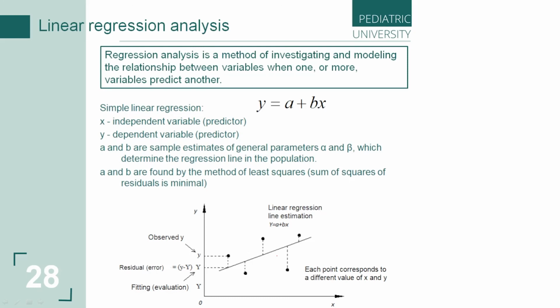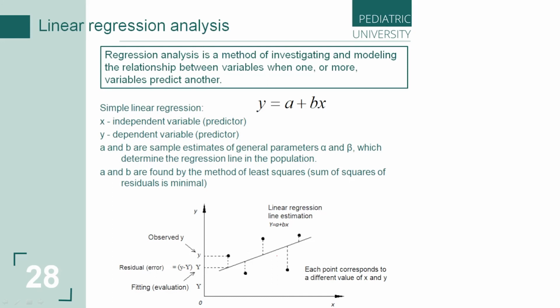Regression analysis is used to predict the value of some random variable. And in the case of simple linear regression, where a linear relationship is y = a + bx, where x is an independent variable, we can say this is a predictor, and y is a dependent variable, the predicted value.